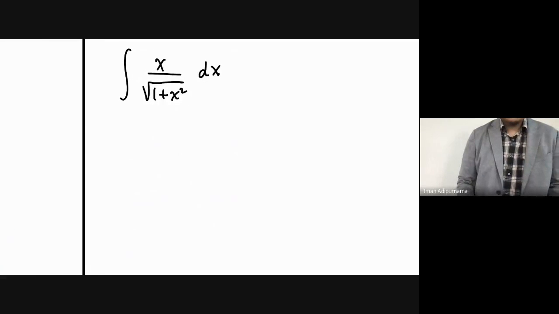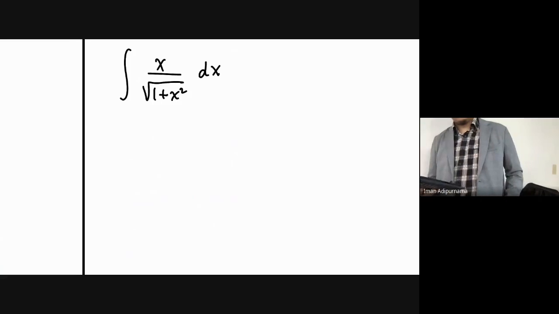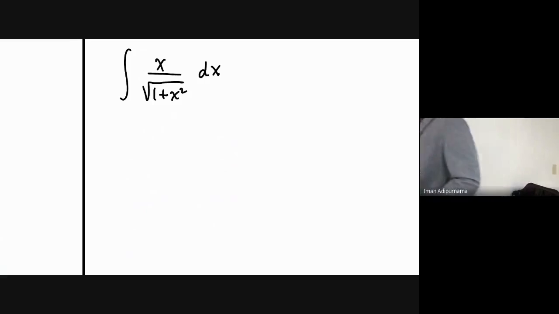I will give you another example. We have x over the square root of 1 plus x squared at the bottom. But it's similar, right?